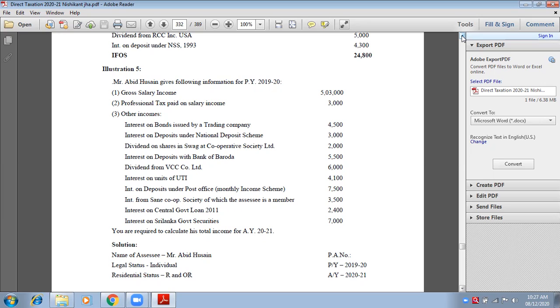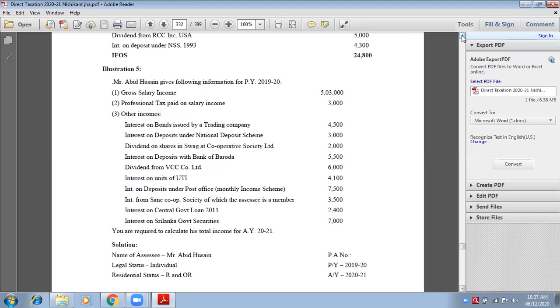Remember the format of salary? Basic salary, all these things are added, and then we get gross salary, then deductions under section 16. Section 16 subsection 1, you remember, standard deduction. Subsection 2, entertainment allowance. Subsection 3, professional tax.